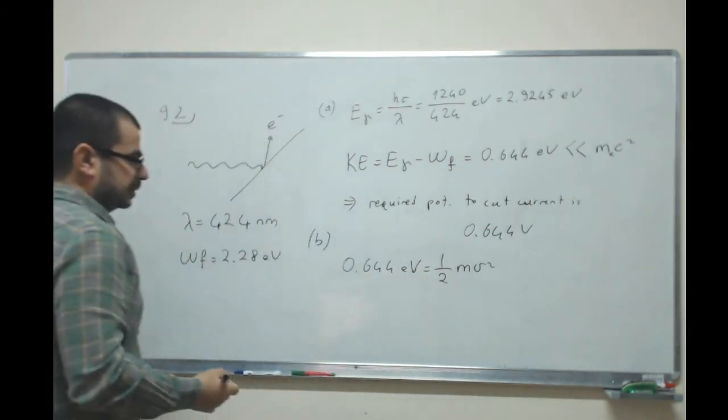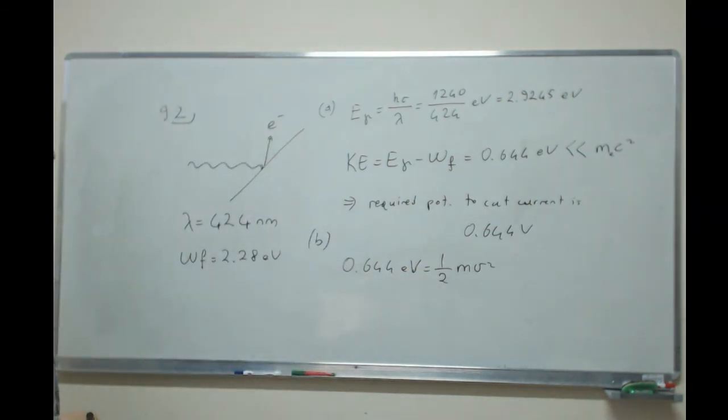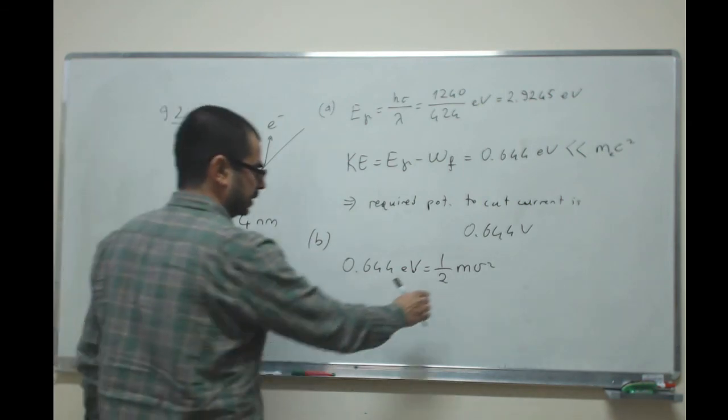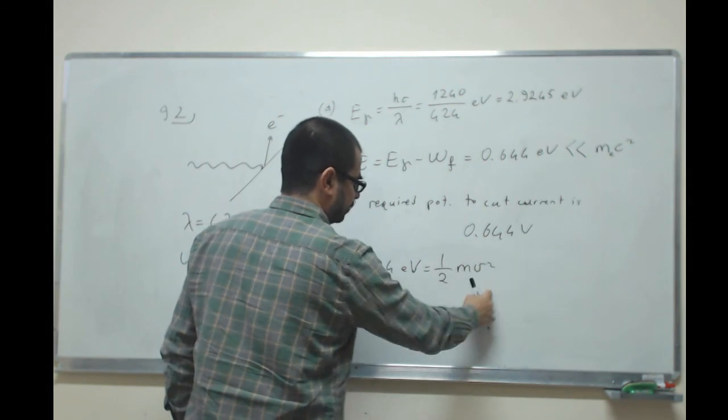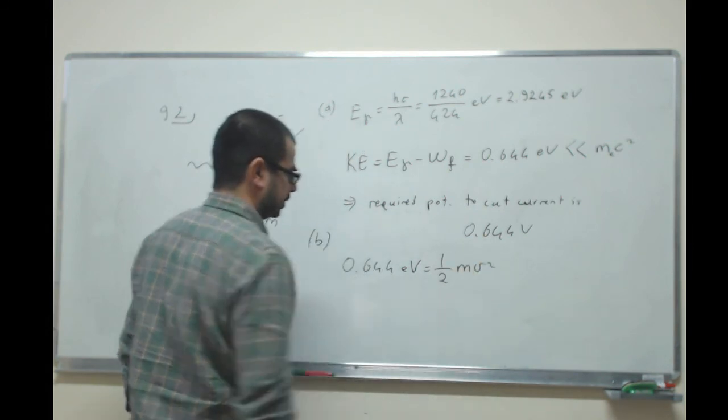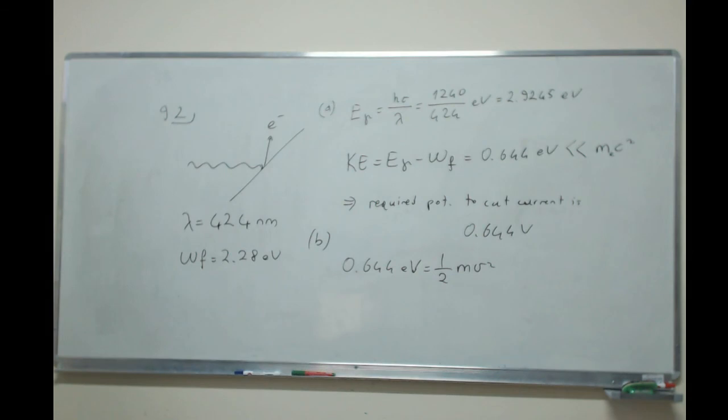You need to make some conversions, I guess. You can of course make this mc square and make this v square by c square. Then you have something in electron volts on the other side as well, and you can calculate v over c. That might be the simplest way to calculate this.